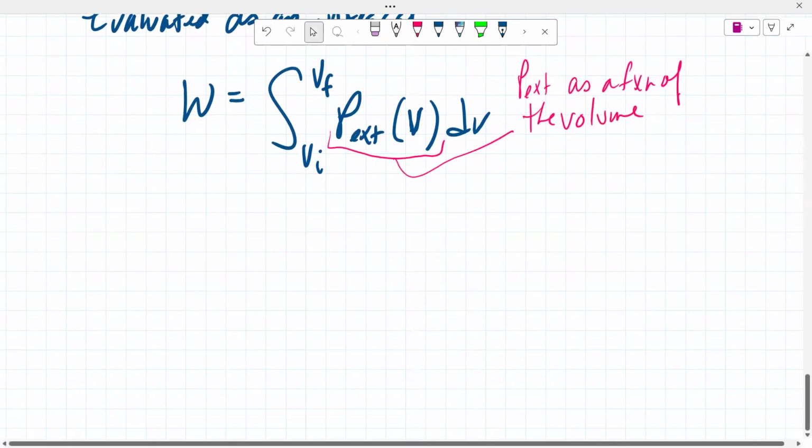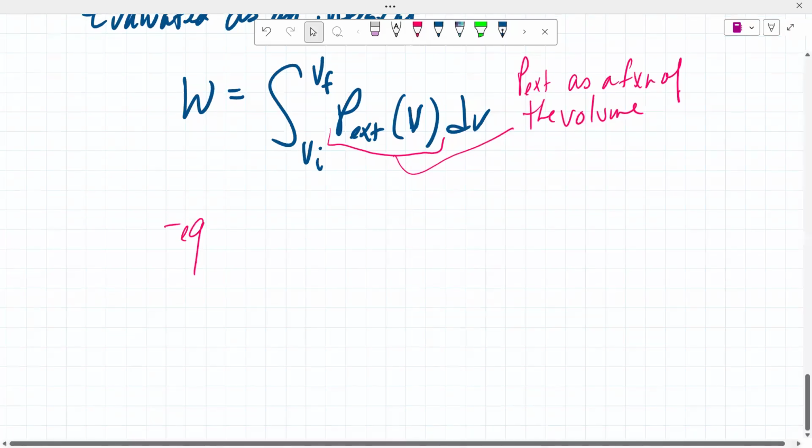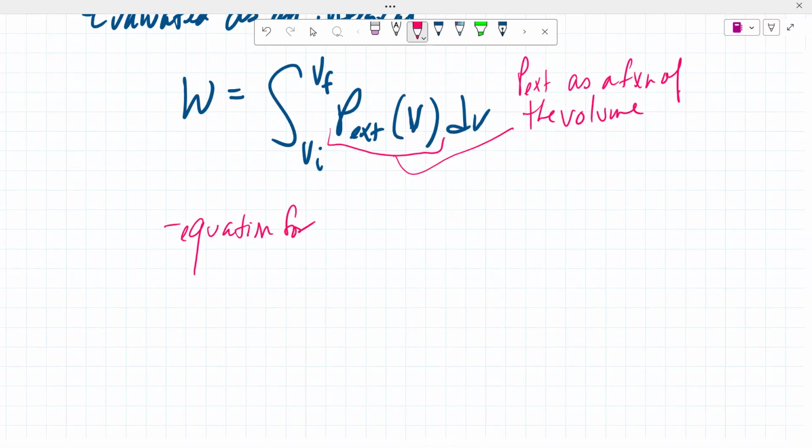So the equation for P external would need to be provided so that the integral could be calculated. You can't just know that. So you have to have something like that, otherwise you wouldn't be able to calculate what it is.